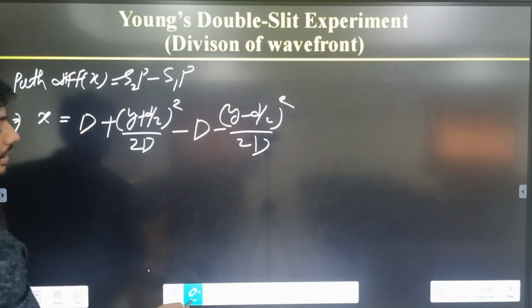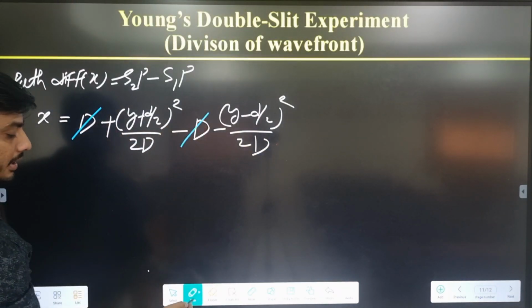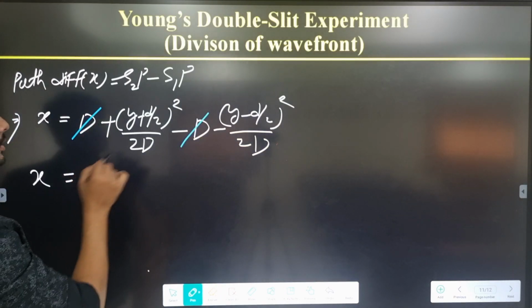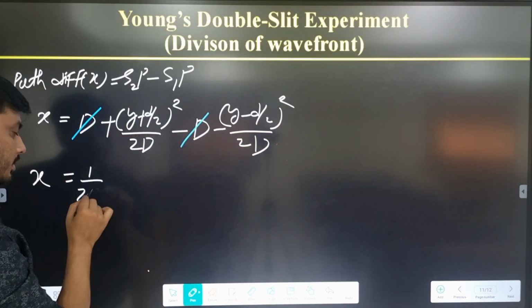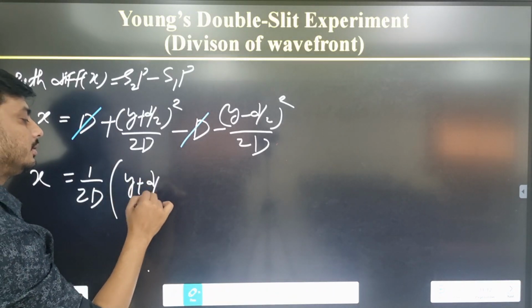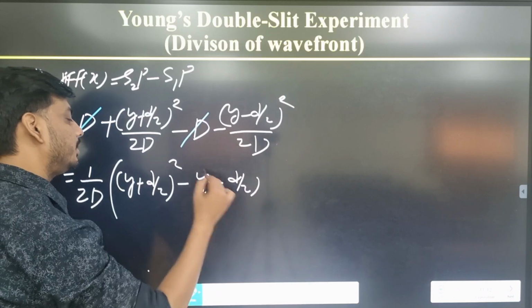We can cancel capital D here. Then x will be, we can take common 1 by 2d. In bracket we will have y plus d by 2 whole square minus y minus d by 2 whole square.